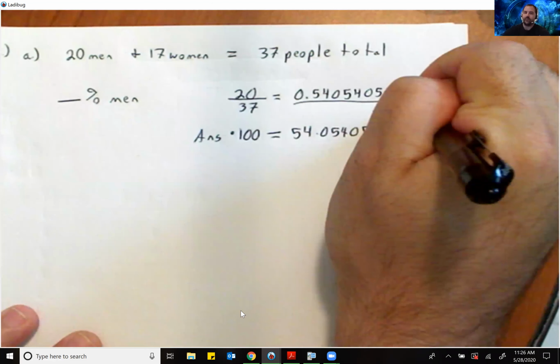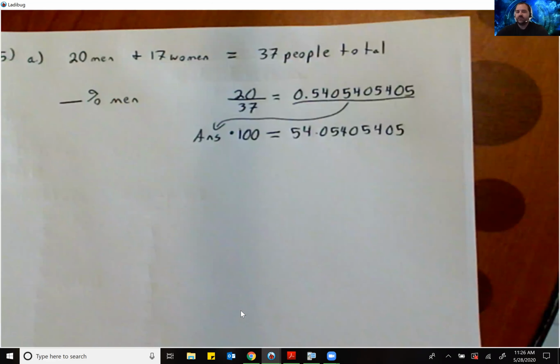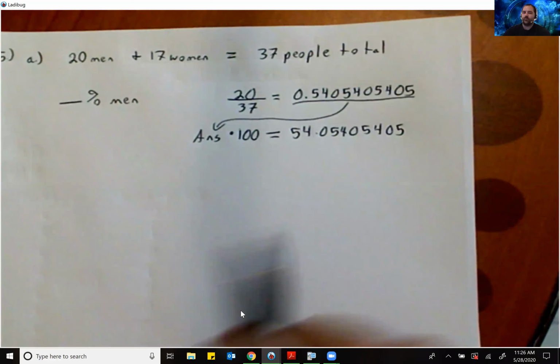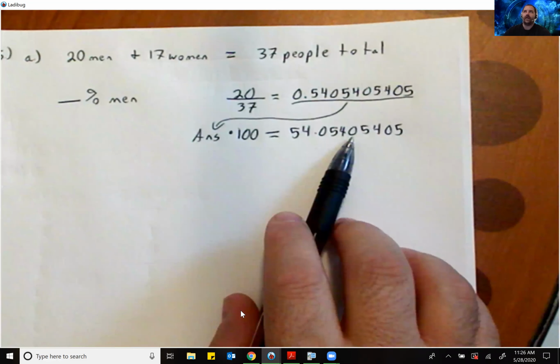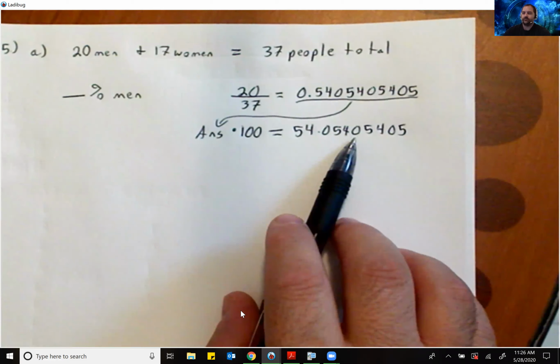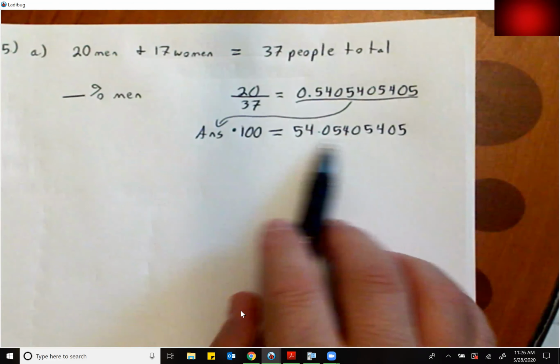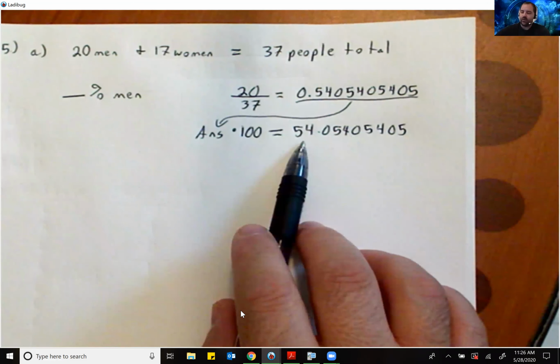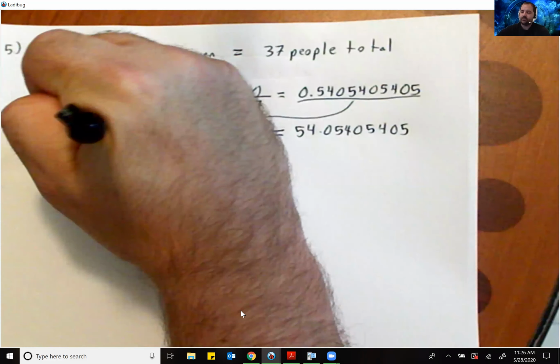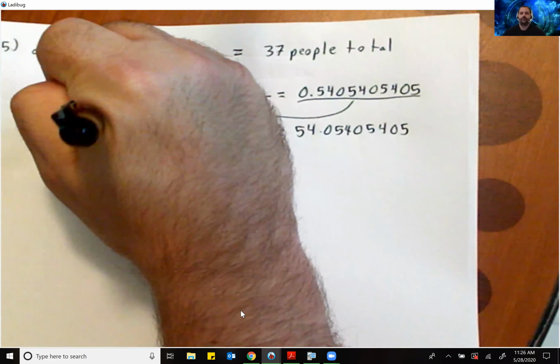I just don't want to rewrite all those decimals. So rounding to the nearest hundredth, what do we get? Sorry, not hundredth. 1 decimal. 54.1. You got it. 54.1 is what they're looking for. Cool beans?